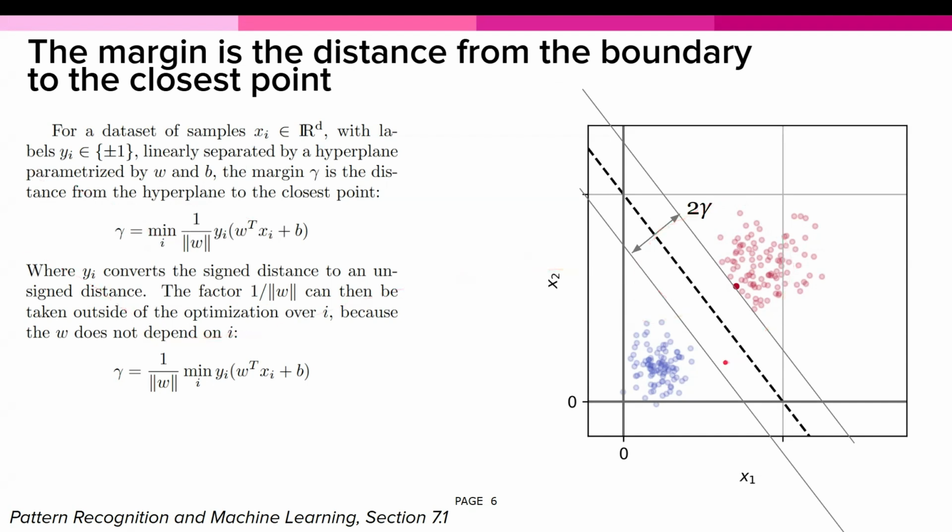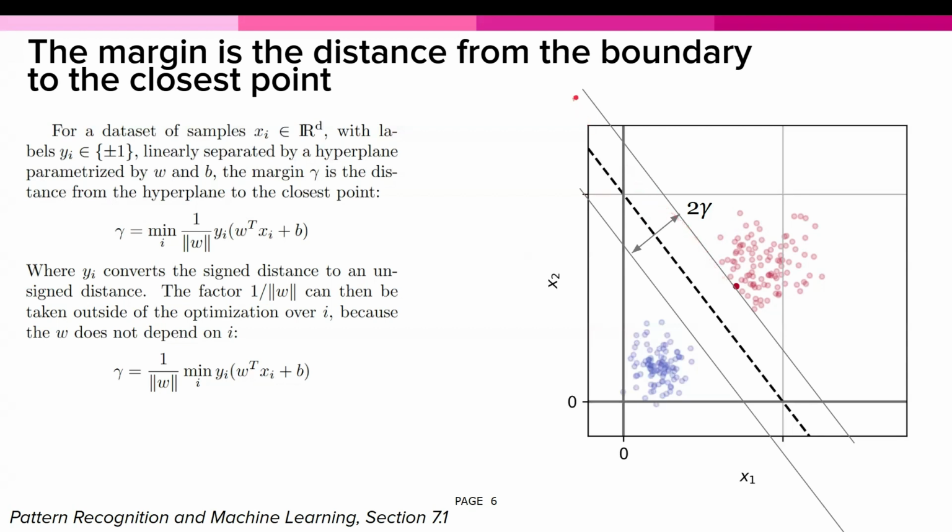Right, so the scatter plot here shows the margin. We've got two classes shown in blue and red, which are separated by a decision boundary represented by the dashed line. The margin, specifically twice the margin, associated with the solution is depicted by the distance between these two parallel hyperplanes that run alongside the decision boundary.